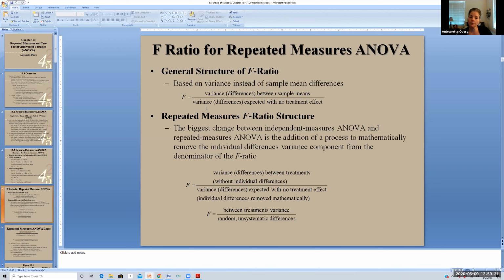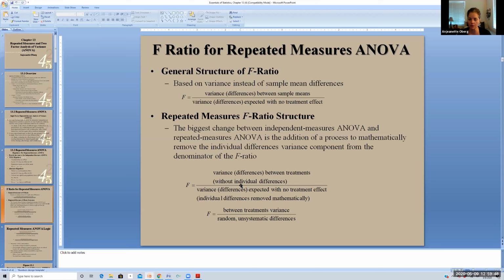So with the repeated measures ANOVA, we actually add an extra step, because not only do we parse out these two types of variance, but then we separate out this denominator even further. Our numerator is looking at differences between treatment conditions, without the individual differences.